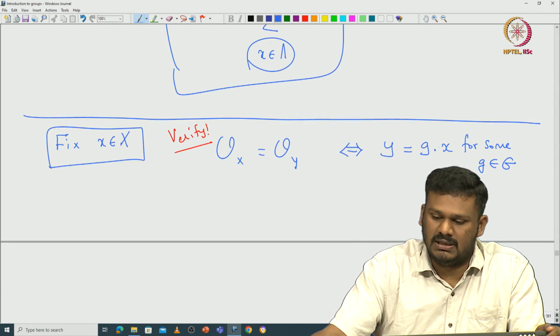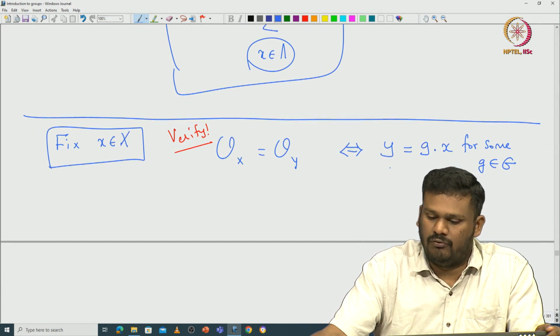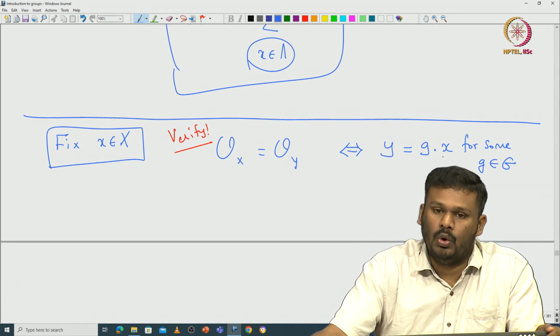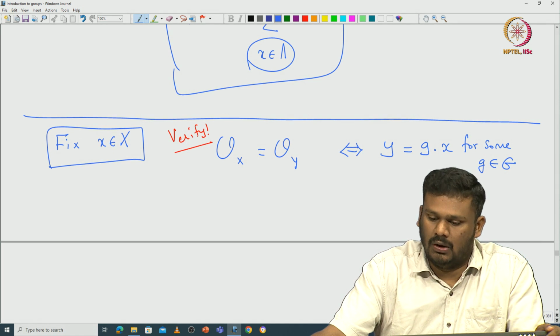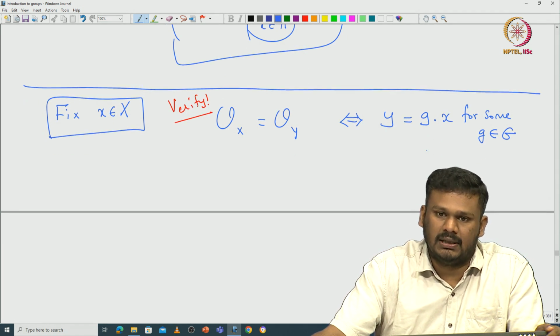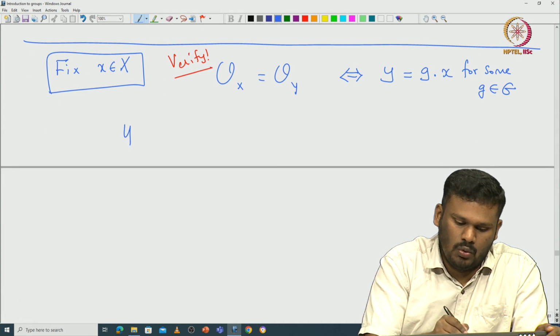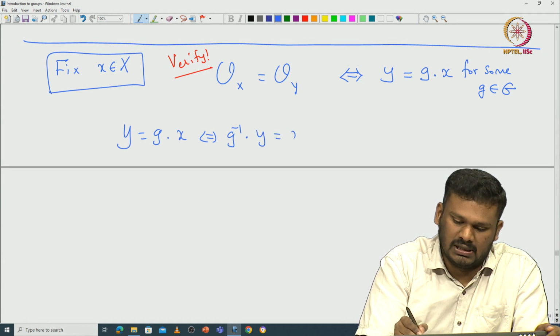So, y must be some g dot x, but if y equals g dot x, then it is easy to prove that O y must be a subset of O x. And now, if y equals g dot x, then it is easy to see that x is also in the orbit of y by applying g inverse on both sides, because y equals g dot x if and only if g inverse dot y is exactly x.